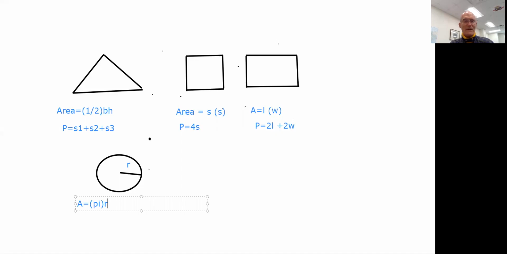Remember the house top button here, if I put the house top and put the square, that's a square. And then for the circle, you have circumference instead of perimeter. Circumference equals 2 times pi times the radius. Okay, now those are the 4 figures that you really need to be aware of.